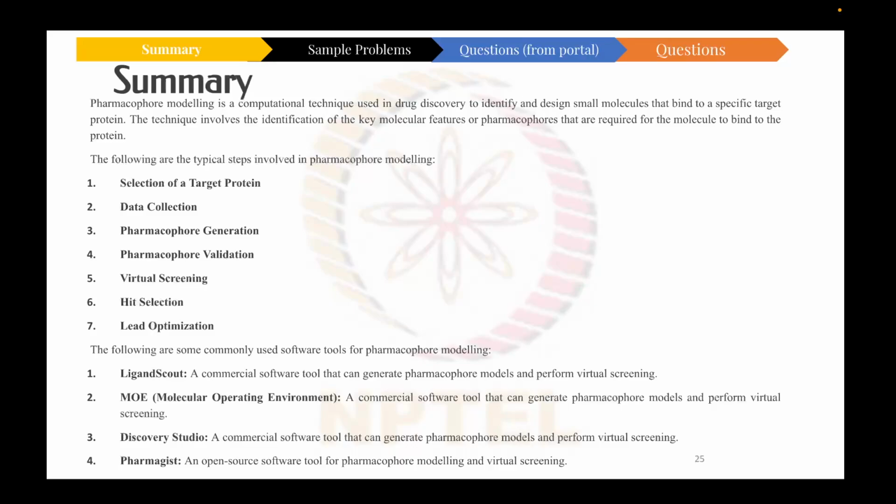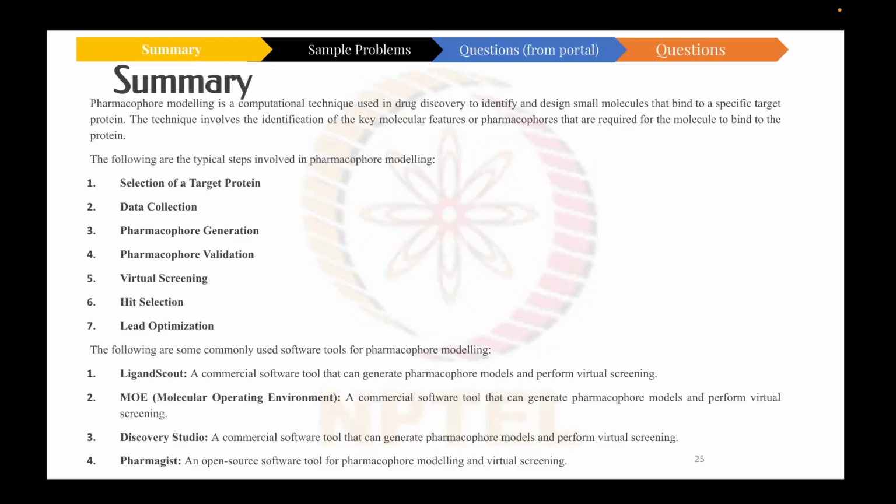Then the generated pharmacophore model is validated by comparing it to the known ligands that bind to the target protein. The model is refined and optimized until it accurately represents the binding requirements of the ligands. The validated pharmacophore model is used to screen large compound databases to identify potential drug candidates.